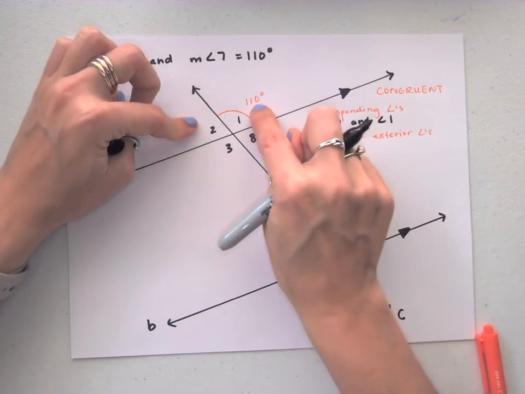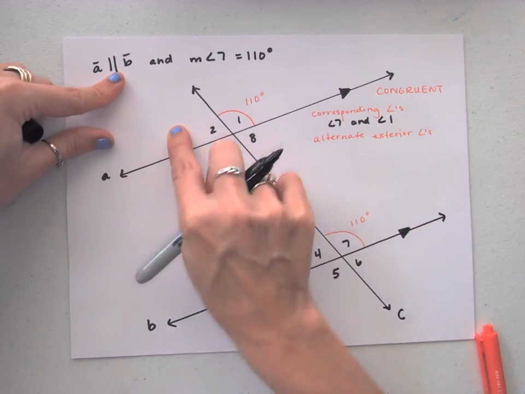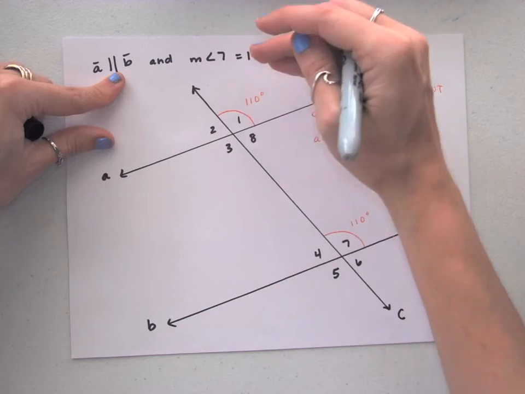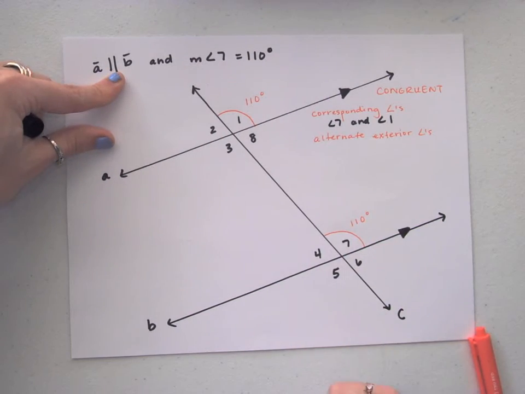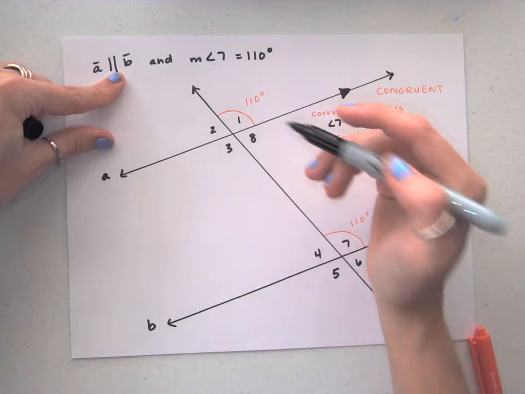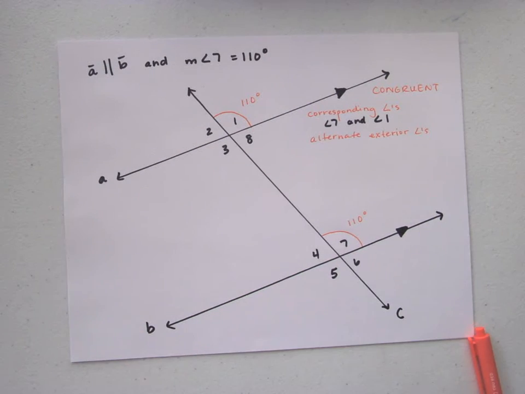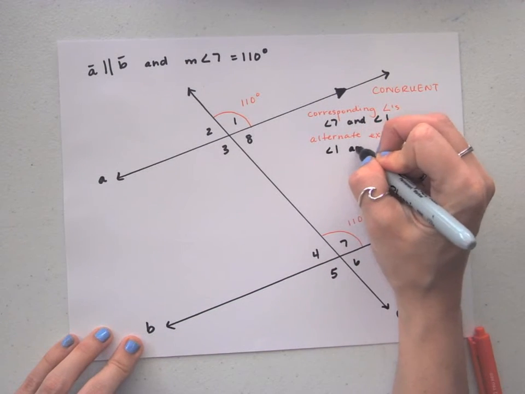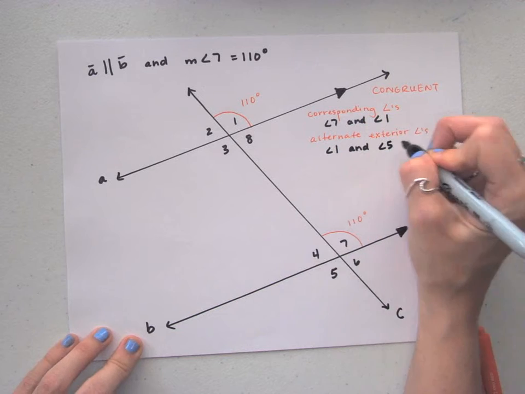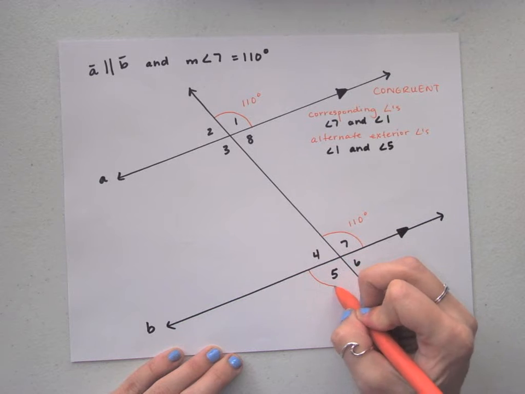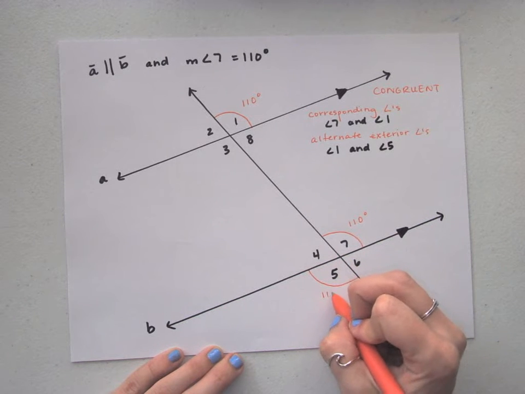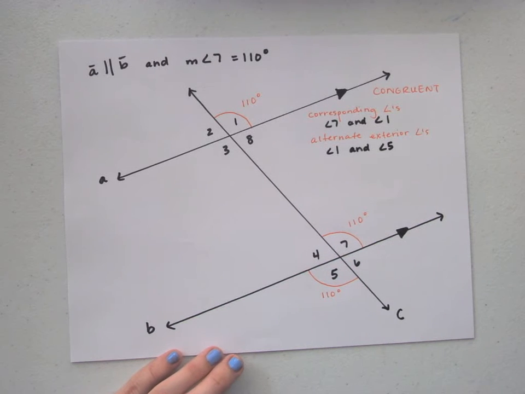So it's not just like going to the opposite side of the transversal, but going to the complete opposite side, actually flipping over to the opposite exterior as well. So angle 1 and angle 5 are alternate exterior angles. Alternate exterior angles are congruent. They're always the same measure. So therefore, angle 5 is also 110 degrees.